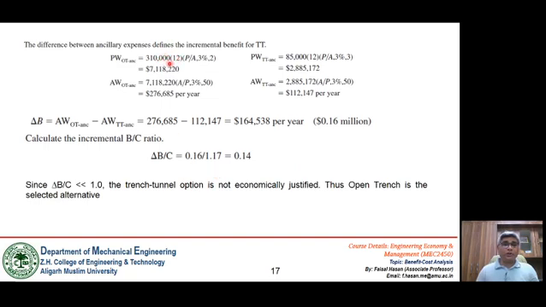Converting into a year, we multiply by 12. Now A is given and we are interested in finding P. The interest rate is 3% and the time is 24 months, so that is 2 years. So this is the present worth associated with the benefits up to 24 months.